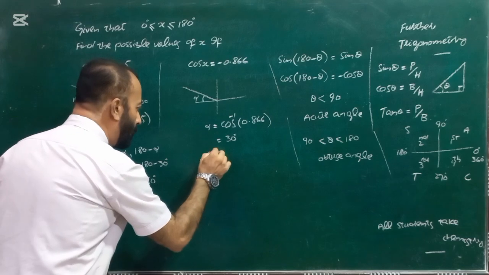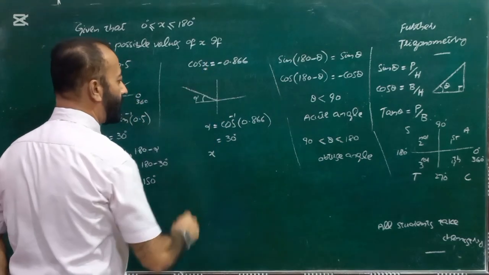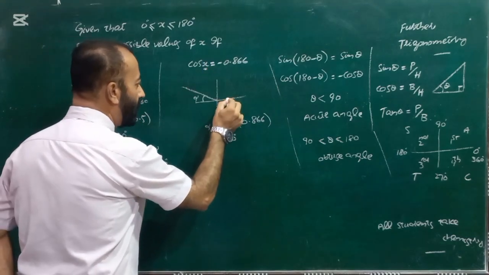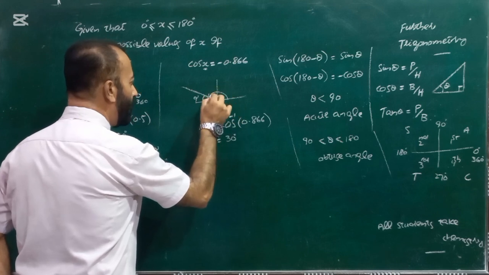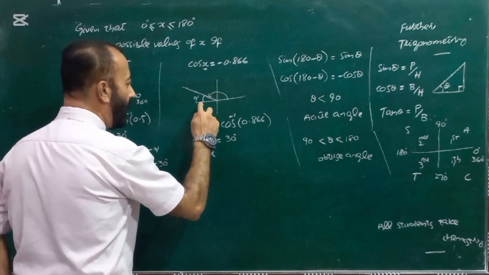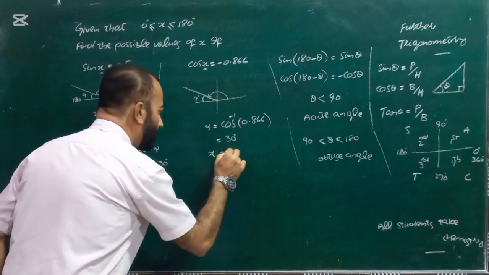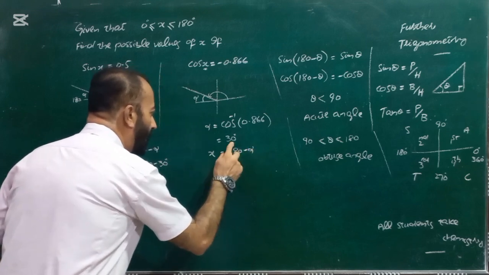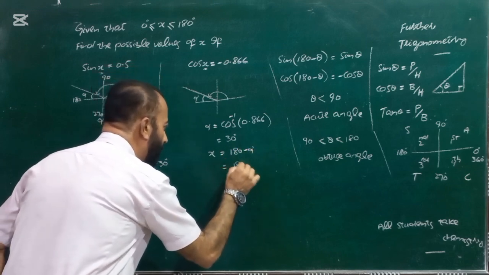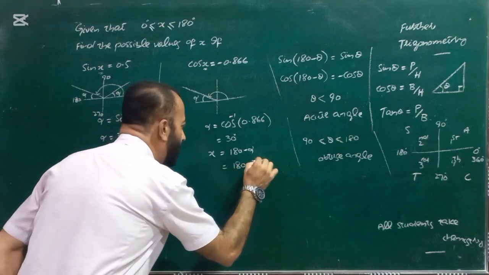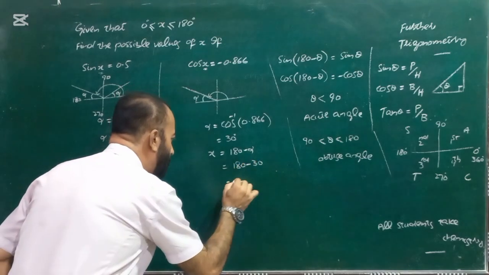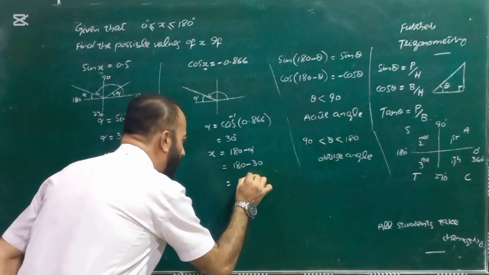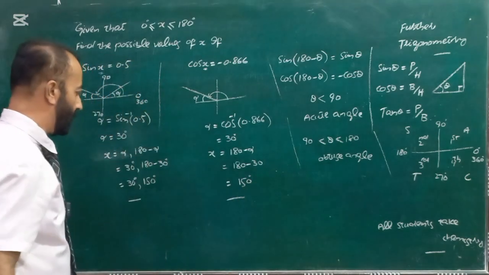Now we will go to the original angle, that is x, and we will start from 0 degree. So x will be equal to 180 minus alpha. We will put the value of alpha now. So 180 minus 30 degree will be equal to 150 degree. So this is the answer.